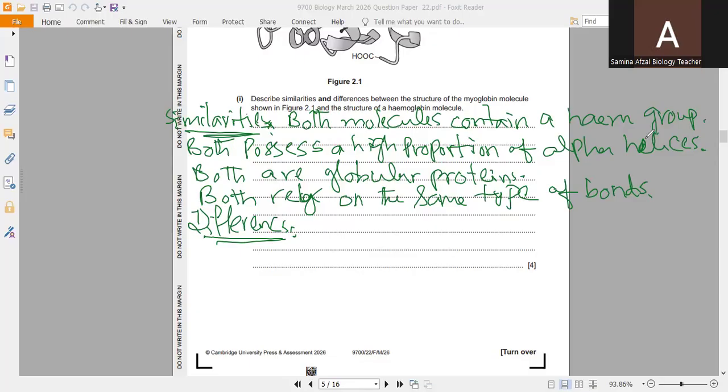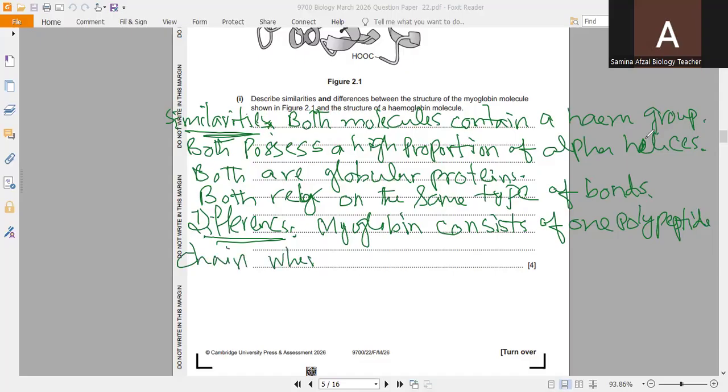So the differences are: myoglobin consists of one polypeptide chain, whereas hemoglobin has four chains, two alpha chains and two beta chains.